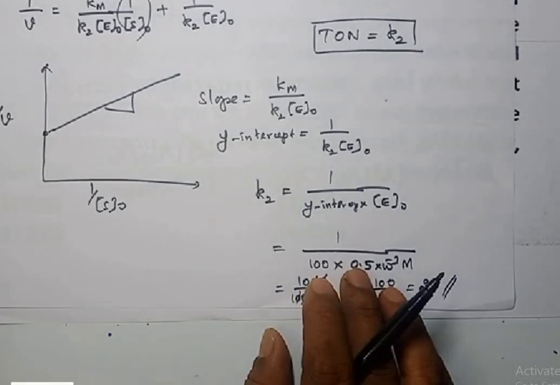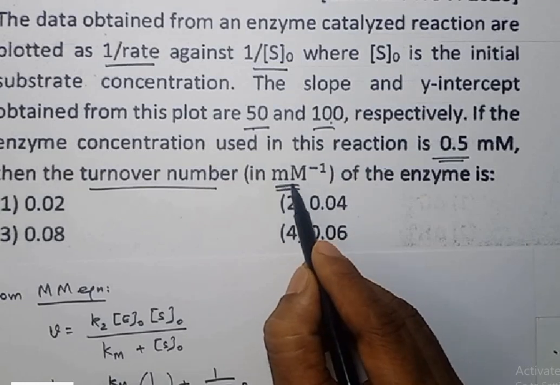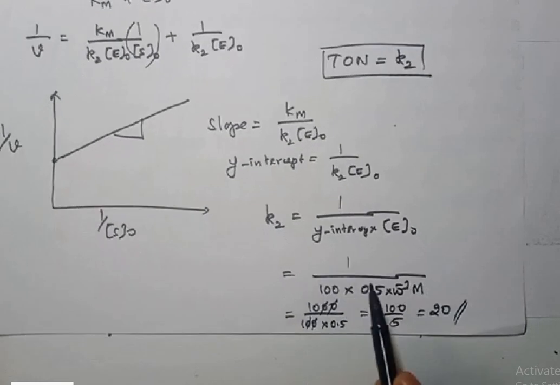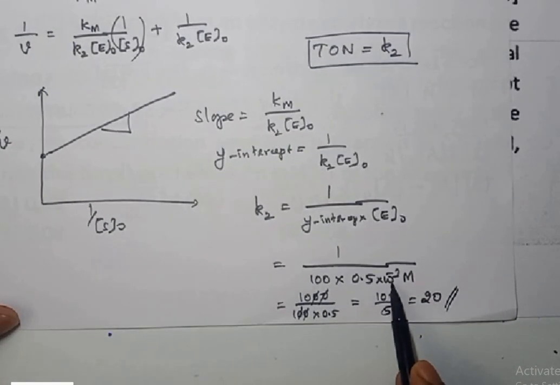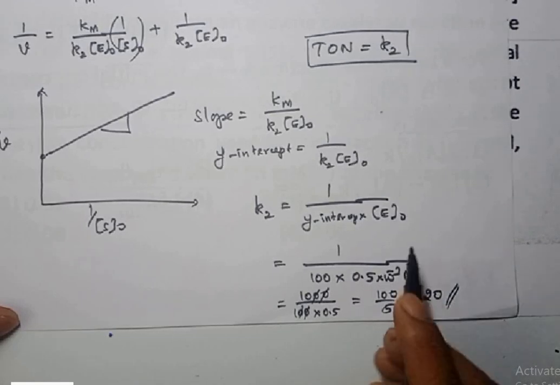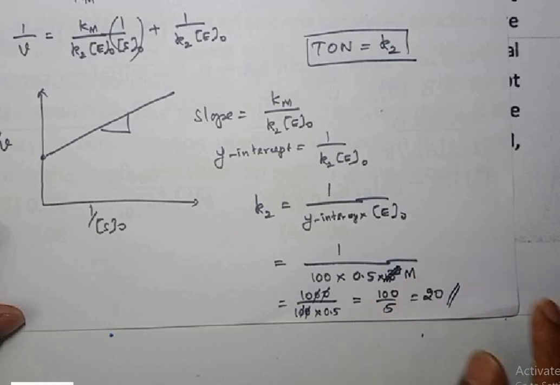In all the options, they are asking for the unit in per millimolar, but in the calculation I used 10 power minus 3 and converted millimolar into molar. So I'll remove this 10 power minus 3 and keep the value in millimolar itself.